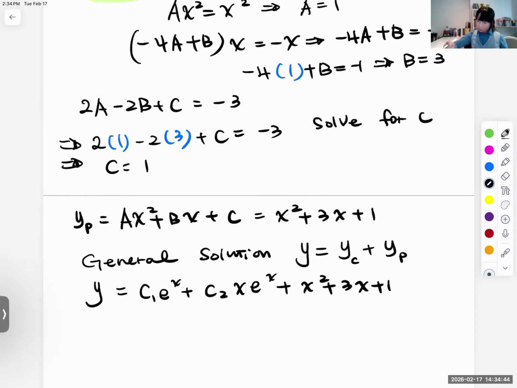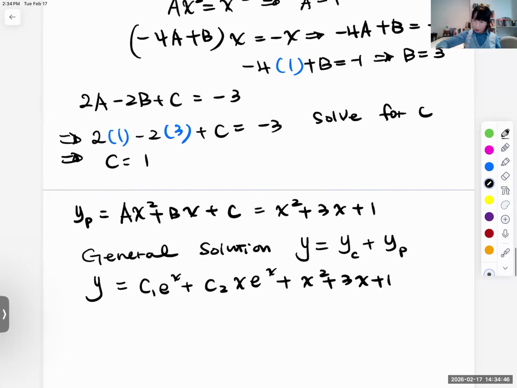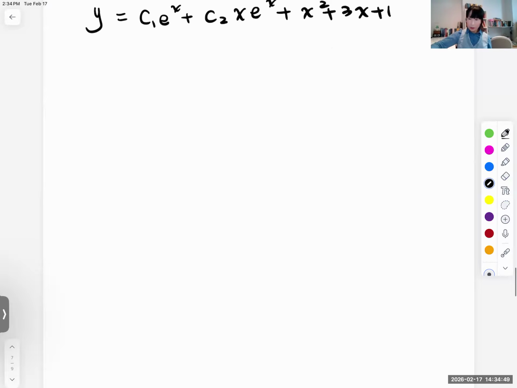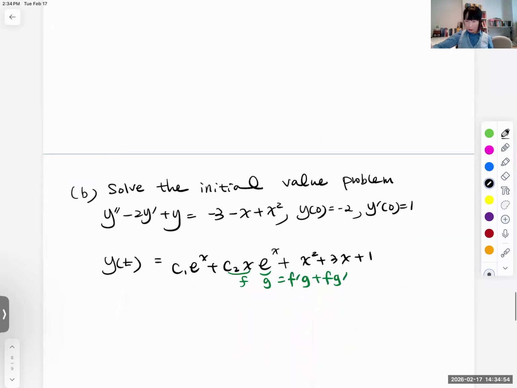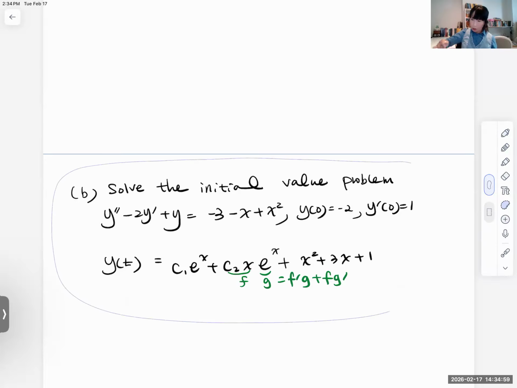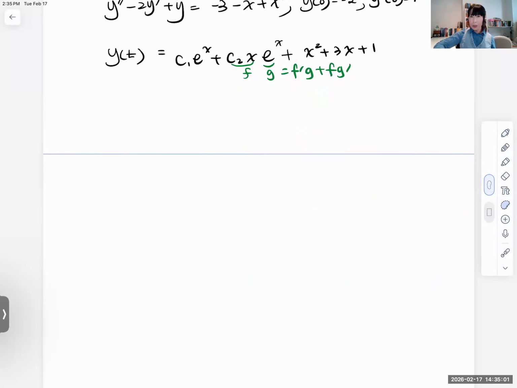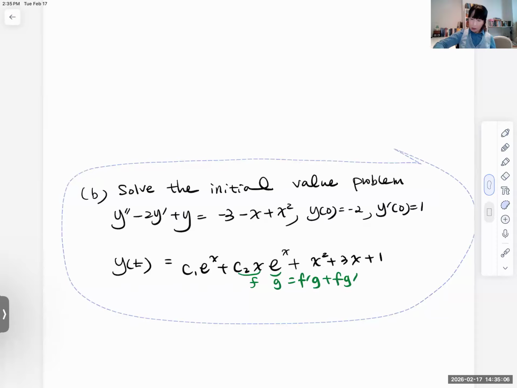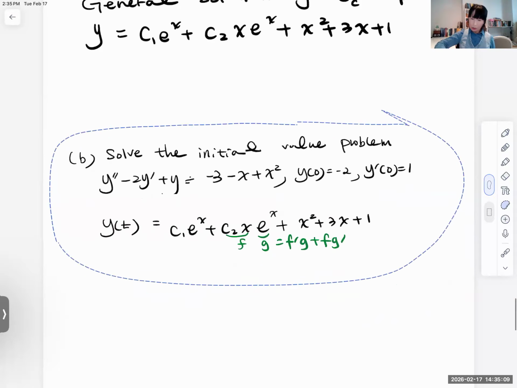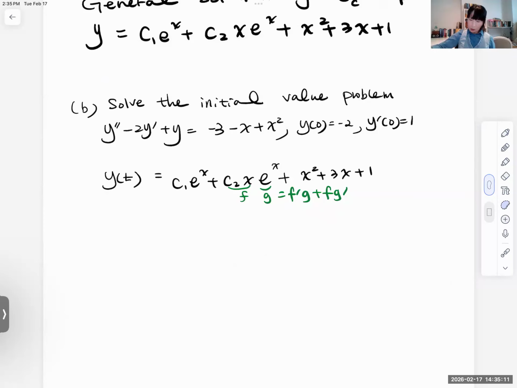Okay. Now, let us find the constants with the initial value. Let's do it. So we want to find such constants, right? That's why they have initial values, right?